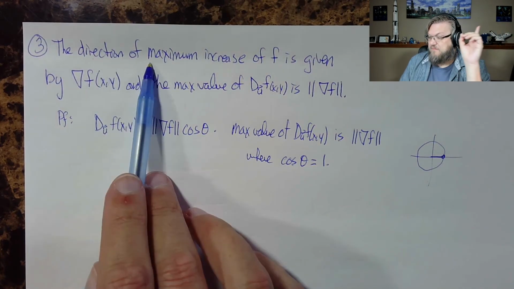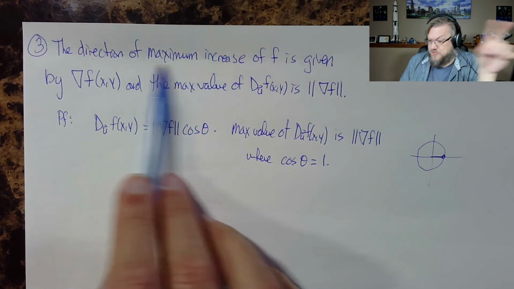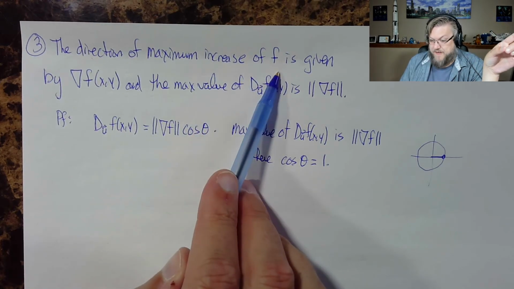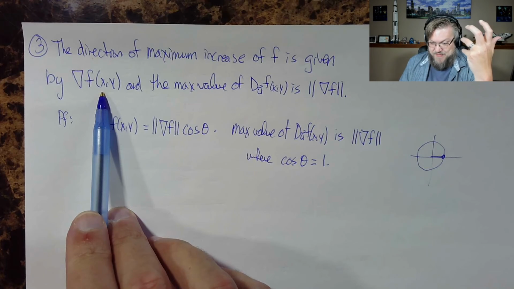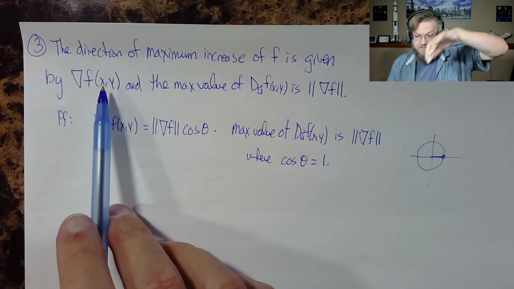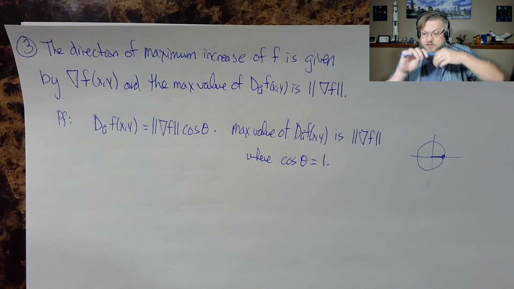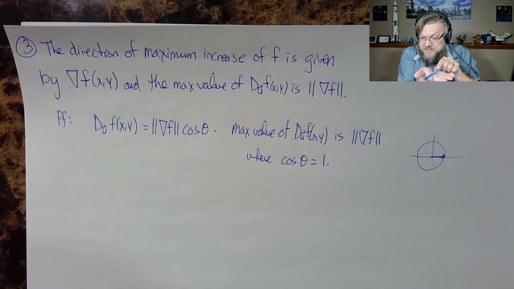So that proves the statement. The direction of maximum increase, the largest slope possible of f at a given point, is given by the gradient vector itself. So I'm standing there on the hill, standing at a point, looking at my compass, and my compass gradient is pointing in this direction. What that means is if I walk in that direction, it's going to be the steepest uphill that I have, right?